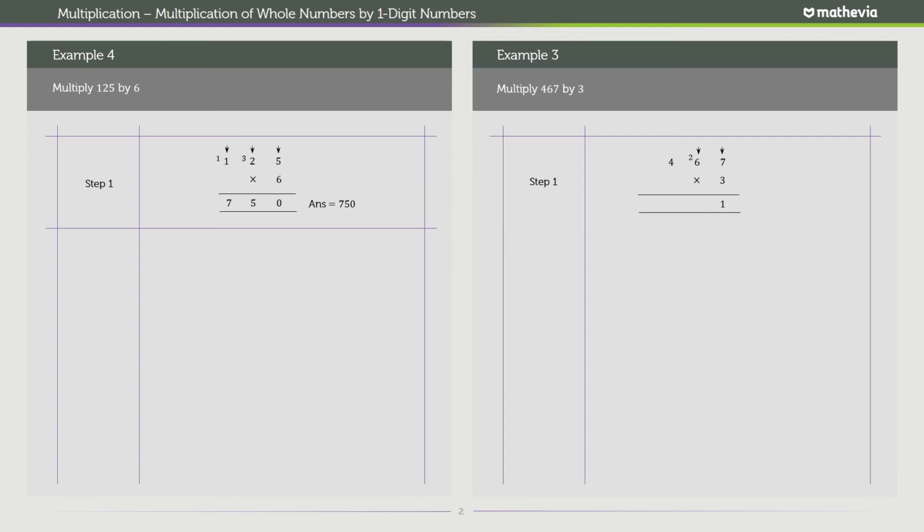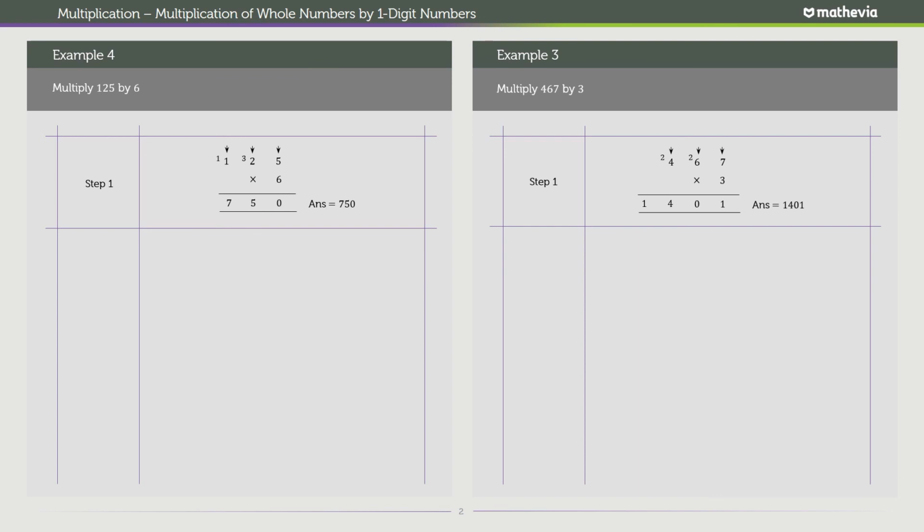So you write down 0, and you carry 2. Now the next number, 3 times 4 gives you 12, plus 2 gives you 14. You have no other numbers to carry over to, so you simply go ahead and write down 14. And what you have in the end is 1401. And that would bring us to the end of this very simple, very easy lesson.